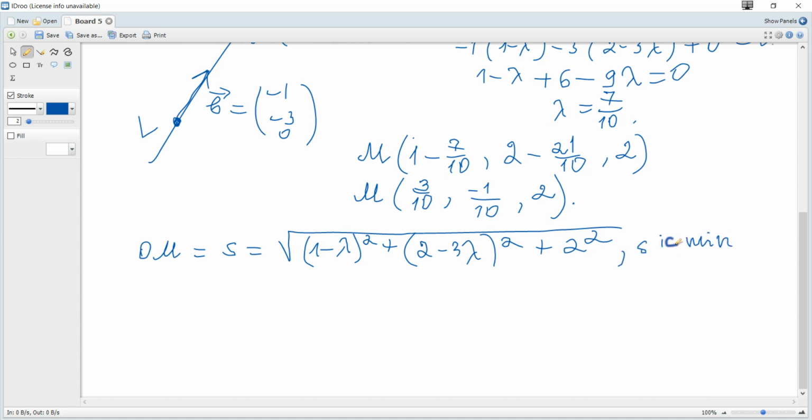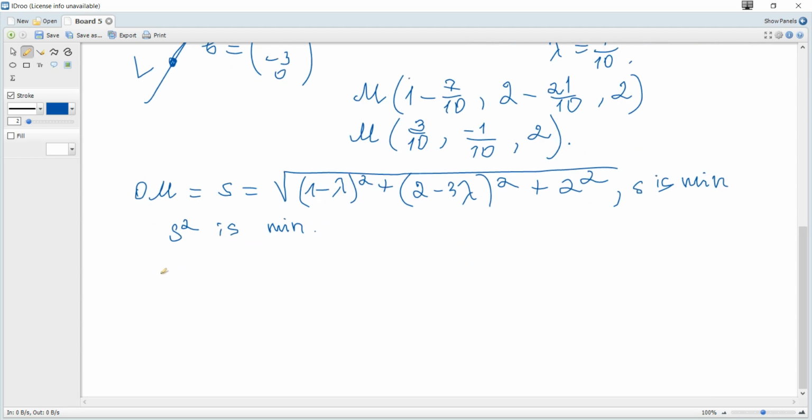S is minimum, and since S is minimum, S squared, or this expression under the root, must also be minimum. And if we consider minimum or maximum, we know the derivative is equal to 0. So we can consider the derivative of S squared with respect to lambda and equate it to 0 because it's the extreme point, maximum or minimum. In general, here it's minimum.